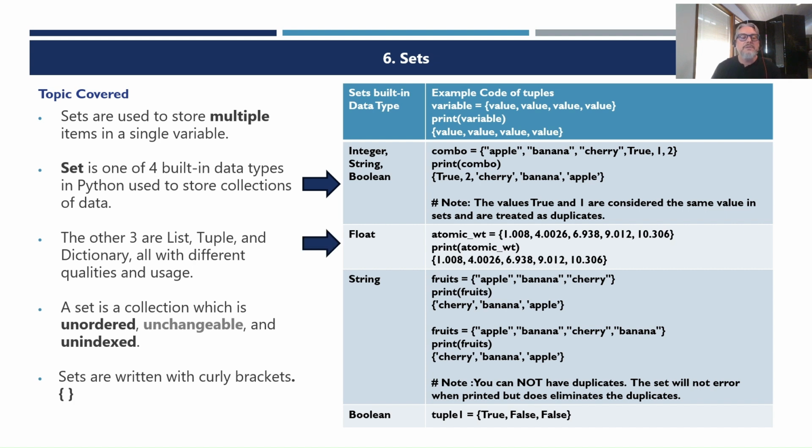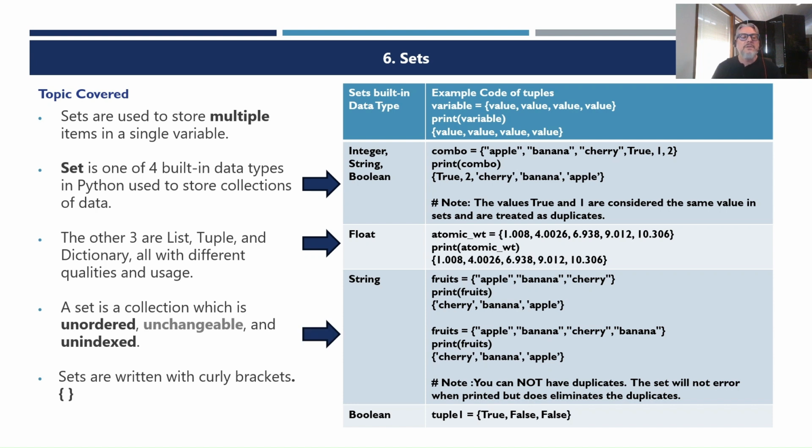Next one is float, atomic weight. We discussed that before. We have a curly bracket, so it's a set, and the set is basically the atomic weights. And when you print atomic weight, it will print the atomic weights. Next we have string.